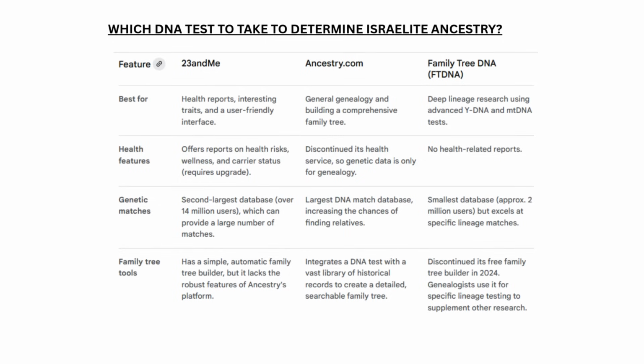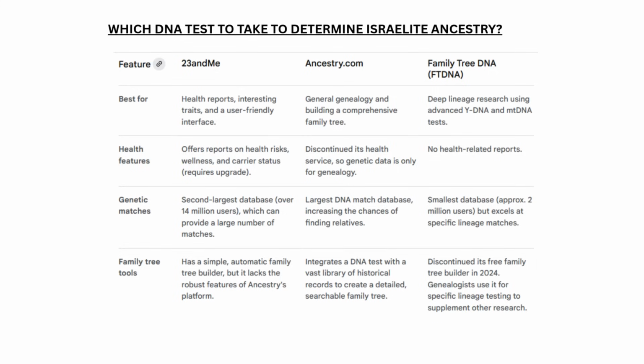This chart that you see on the screen here is a summary provided by ChatGPT comparing these three testing companies, 23andMe, Ancestry, and Family Tree DNA, and it used various metrics to compare them. But what you'll see in the top row is that when it comes to deep lineage research, and specifically Y-DNA research, Family Tree DNA is the best option.